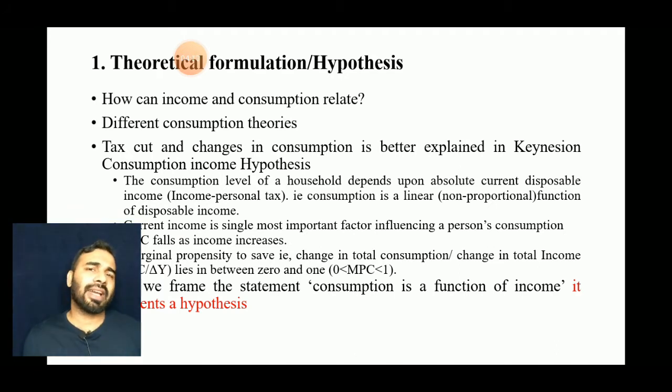As you might have learned in macroeconomics, a large number of theories are available to describe consumption functions: the absolute income hypothesis, secular stagnation theory, life cycle hypothesis, permanent income hypothesis, Duesenberry's relative income hypothesis, random walk hypothesis, and intertemporal choice theory.